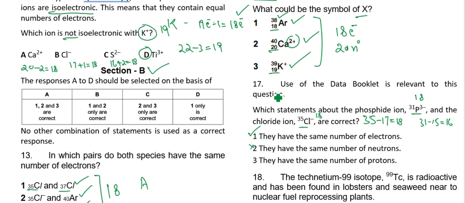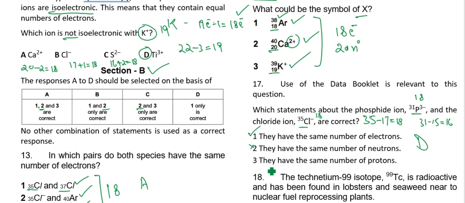Remember, if you look at options A, B, C and D, options A, B and C all contain suggestion 2. Since suggestion 2 is incorrect, the only option we are left with is D. So only the first suggestion is correct.